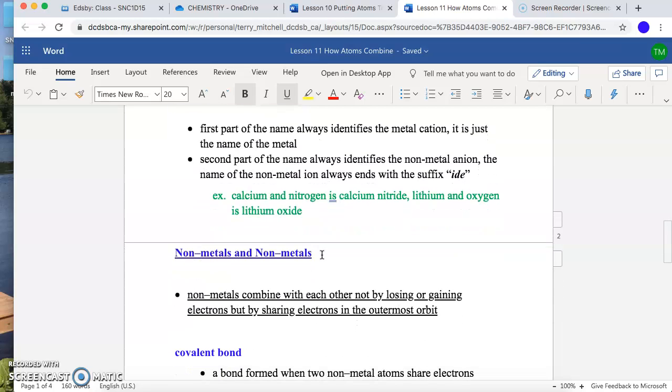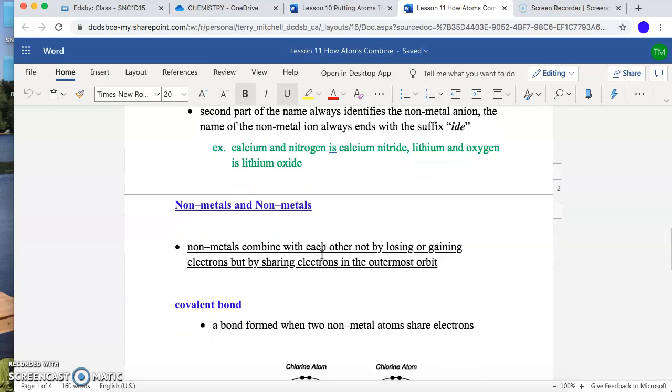It's just as simple as that. And I'll likely do a little video to show you how these things bond and to go over the naming with you. Now, nonmetals will also bond with nonmetals. So we have metal and metal, which do not bond, they form alloys. We have metals and nonmetals forming ionic bonds, and nonmetals and nonmetals combine, but no ions are formed.